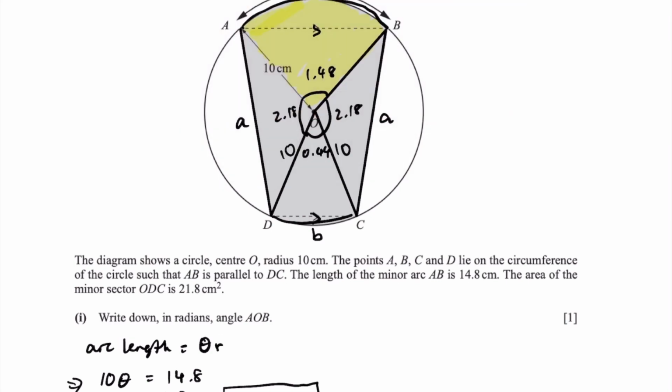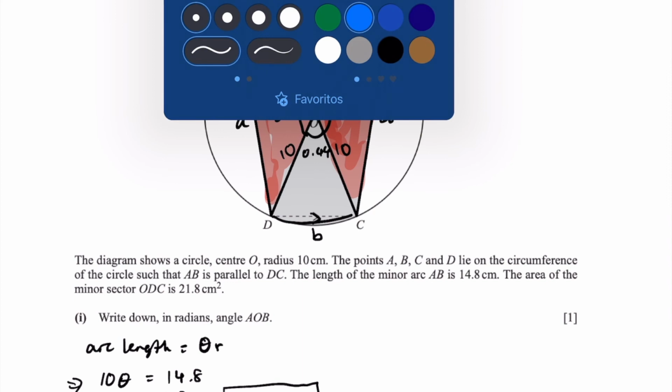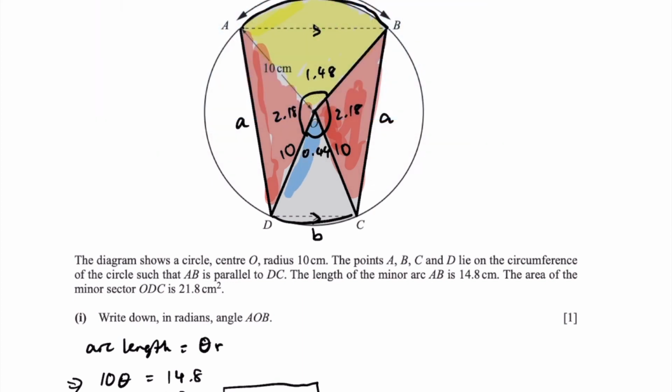And this section over here is another, but it's the same as this, so we're going to shade them the same color. And then our final portion is this bottom part over here, which we're going to make blue. This is how we're going to distinguish what parts we're going to be finding, because we can't find the area together, but we can find them separately and then add them up.